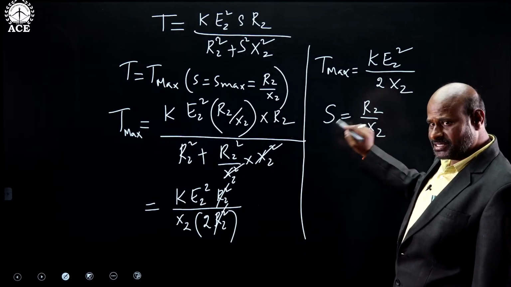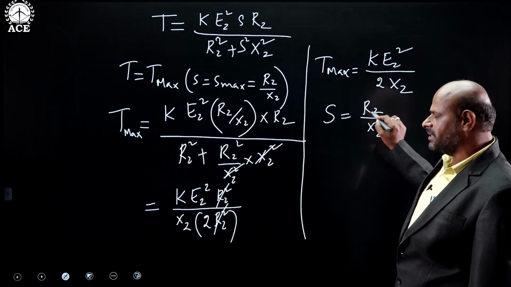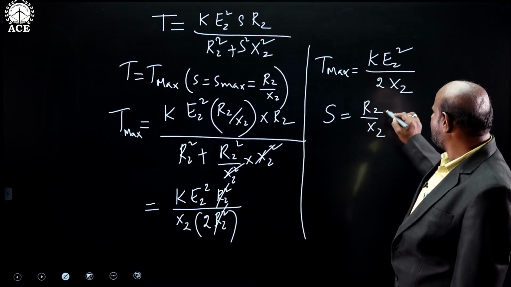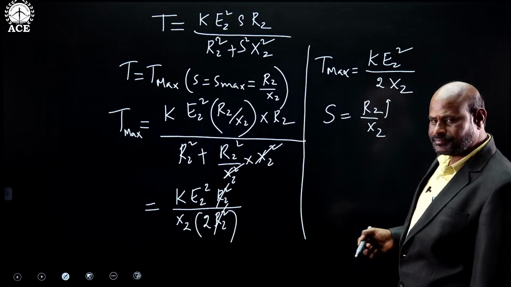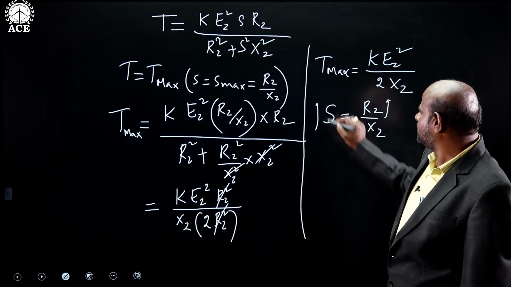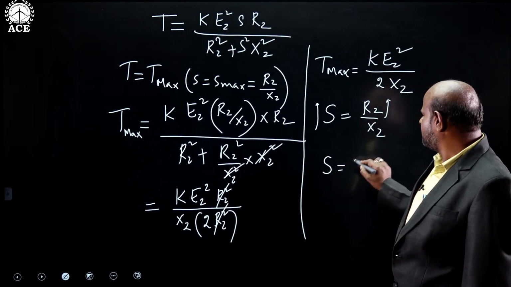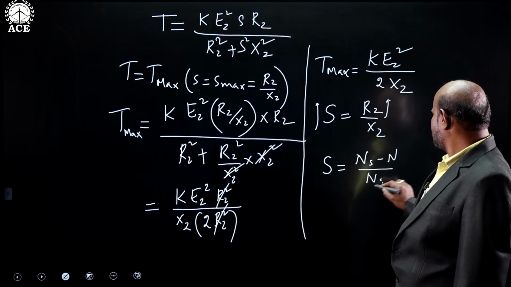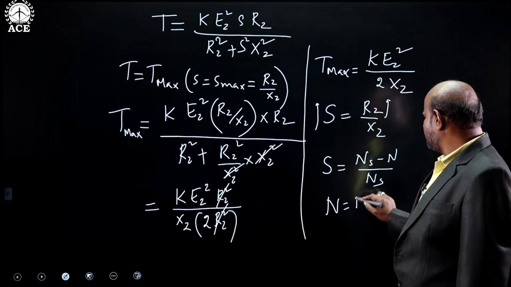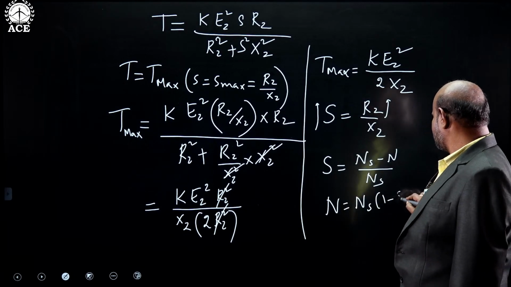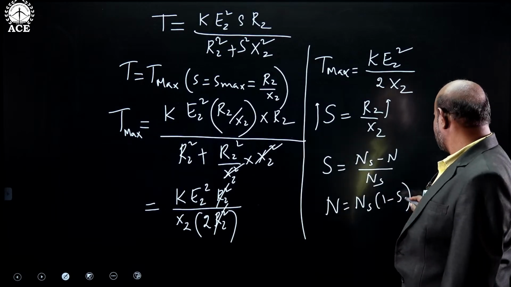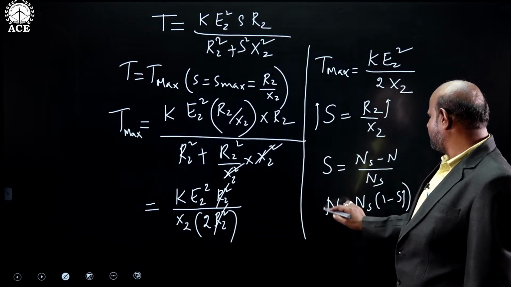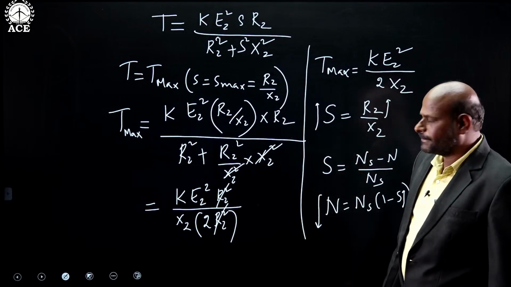But the slip at which the maximum torque occurs directly depends on the rotor resistance. As rotor resistance increases, slip increases. When the slip increases, s is Ns minus N by Ns, then N is equal to Ns into 1 minus s. If slip increases as rotor resistance increases, the speed of the motor will decrease.